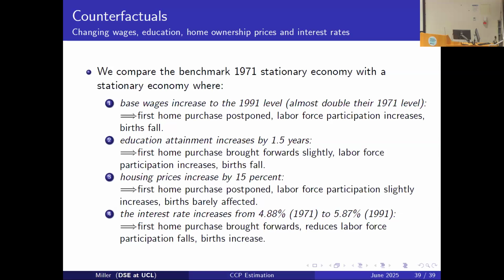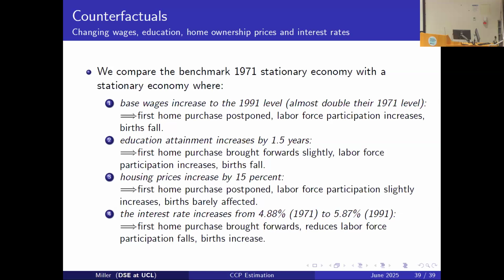Home purchases postponed, labour force participation increases, births fall. No surprise, okay? Not only that, by the way, you can actually look at it year by year, and we did. It's just that it's boring because it just creeps up to the level where it converges. So it's not worth talking about.